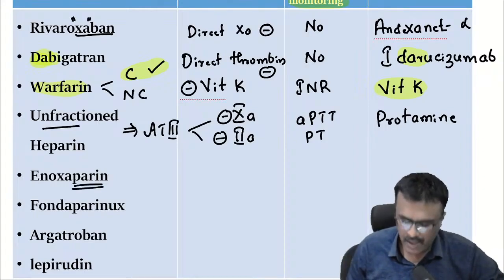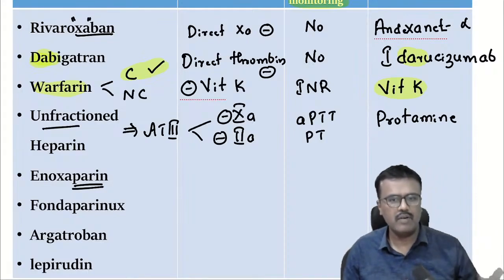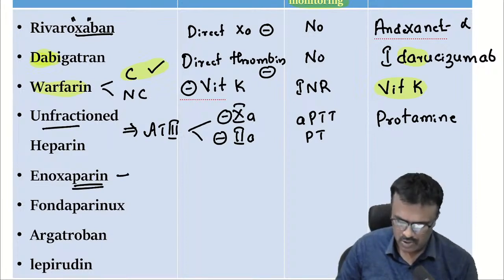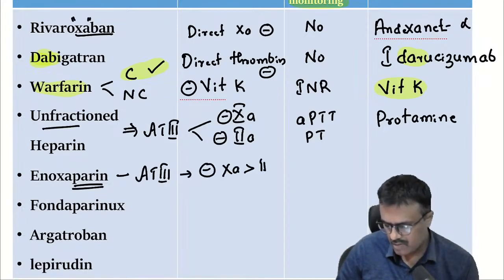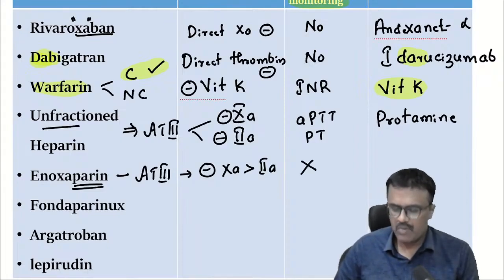Anything ending with parin is a low molecular weight heparin, like enoxaparin, nadroparin. They also act through antithrombin 3, but here the mechanism is they inhibit 10A more than 2A. Do they require routine lab monitoring?